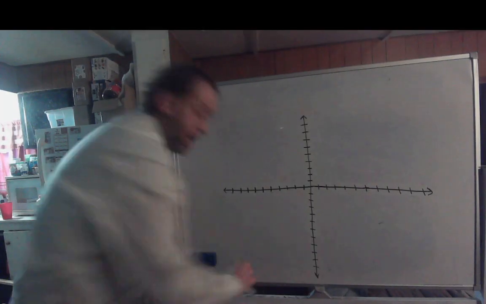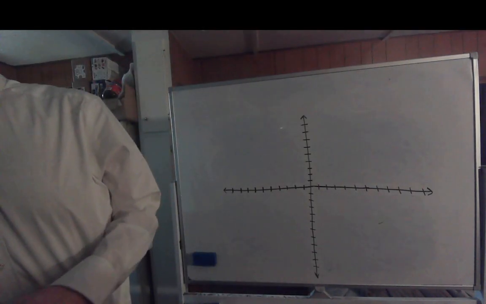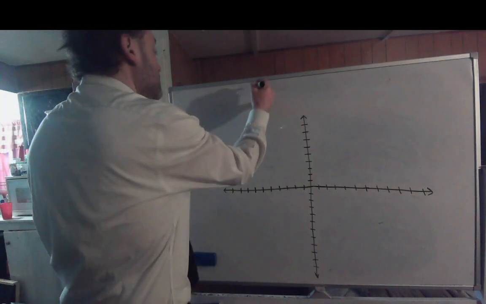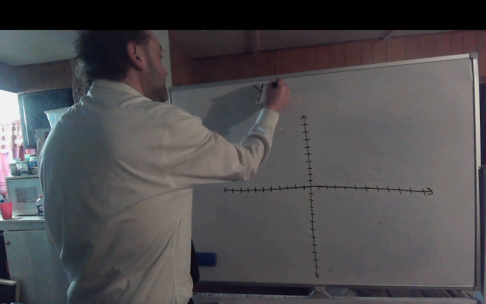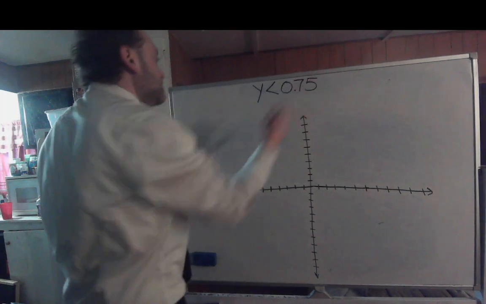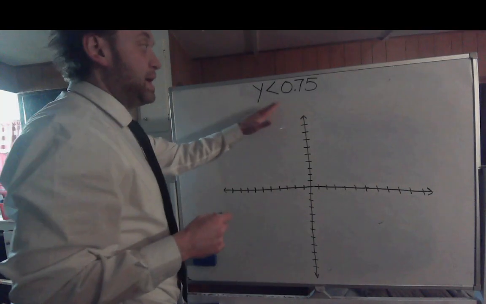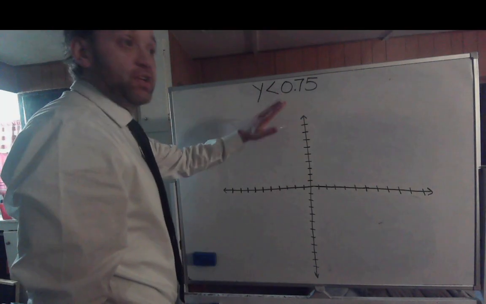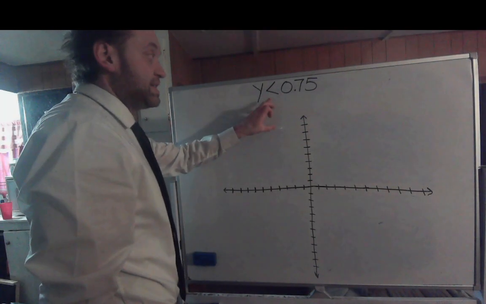All right, we have y is less than 0.75. So we are given the inequality y is less than 0.75. Well, it's just less than. There's no equal to, so it's just less than.